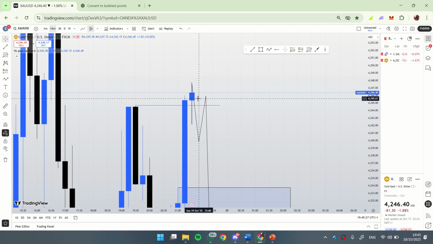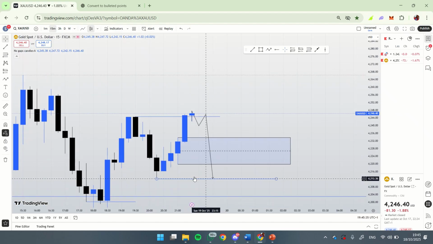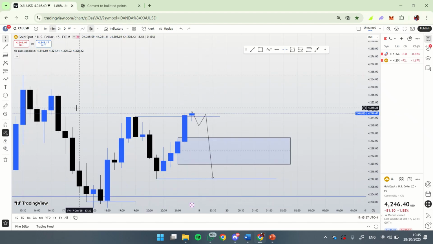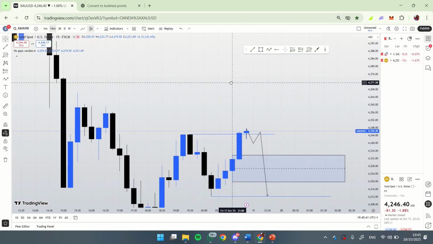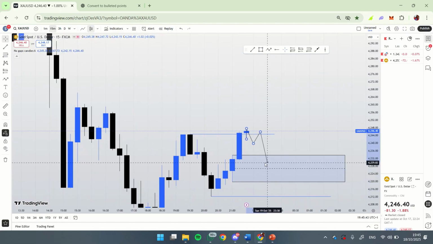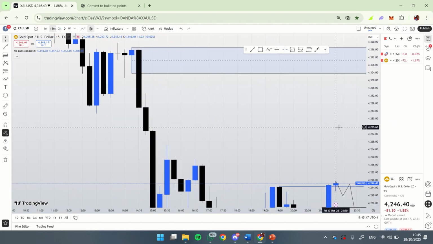the next 15 minutes candle will determine, will tell me what to do next. So as you can see, for now there's a close, so I expect this zone to hold unless price says otherwise. So I'm going to see what price is going to do.